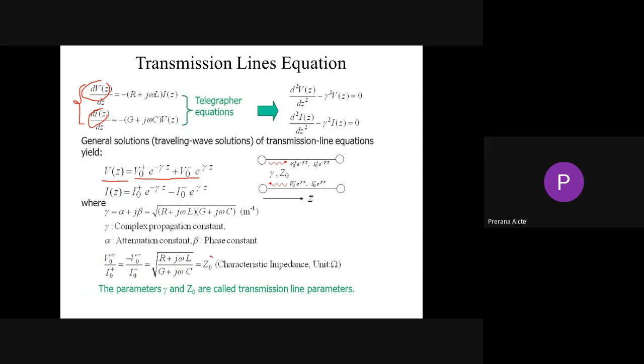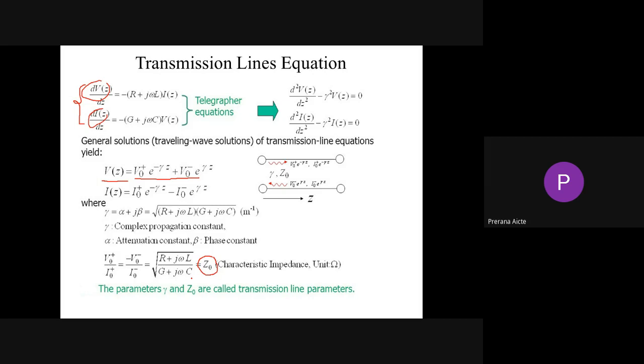So Z0 is a secondary parameter of a transmission line, and it is also defined in terms of the primary parameters. Here jω is the frequency component, where ω is equal to 2πf, and R, L, C, G are the primary parameters.